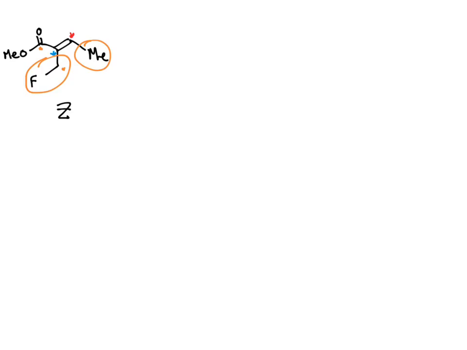Another example would be this one. Okay, in this case we have that red carbon atom has a methyl group and a hydrogen, and again, the methyl group is going to be higher priority. On the blue carbon, we have 2 carbon atoms that it's connected to, so we have to move along further down the chain.